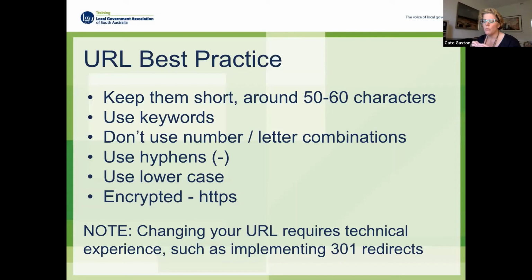For example, if the web page is to do with dog registrations, don't have dogregistrations as one word, because of course people don't Google that. It doesn't make sense to Google. You do dog hyphen registration. So they're very clear, succinct words.